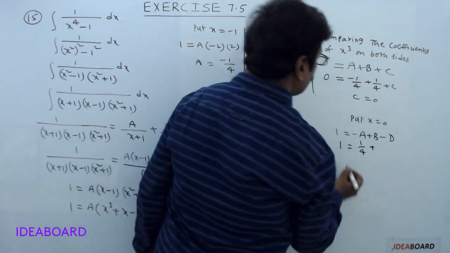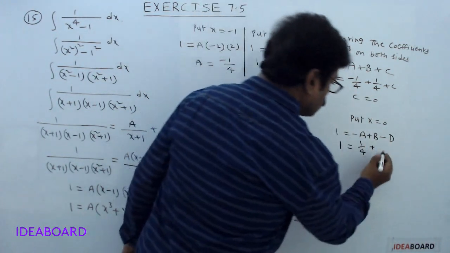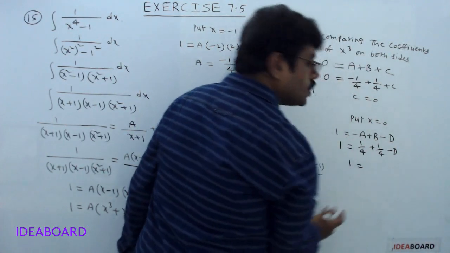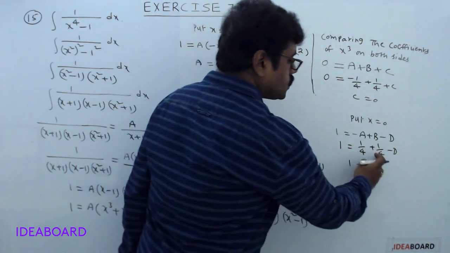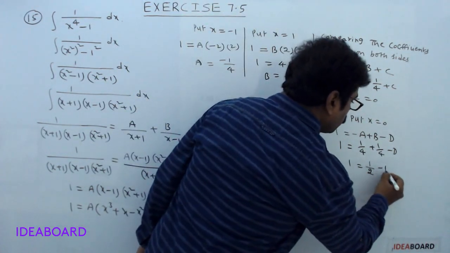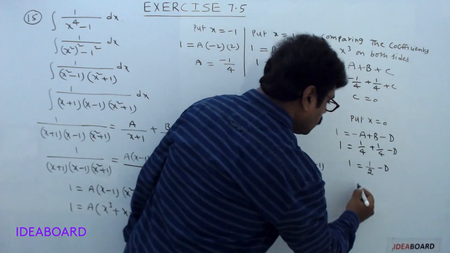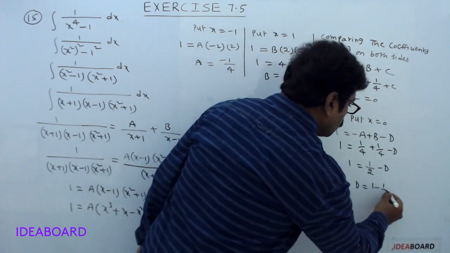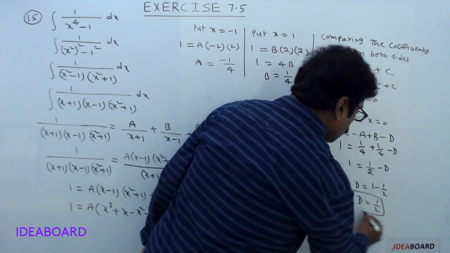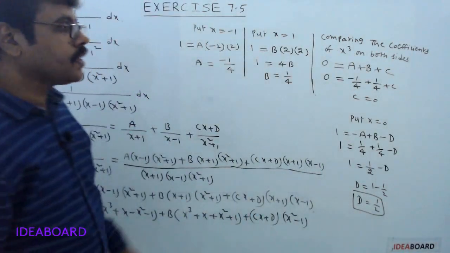plus 1 by 4, b value plus 1 by 4, minus d. So 1 equals 1 by 4 plus 1 by 4, 2 by 4, that is 1 by 2, minus d. So therefore d equals 1 minus 1 by 2. Therefore d is 1 divided by 2.